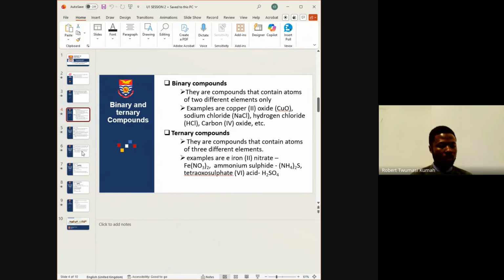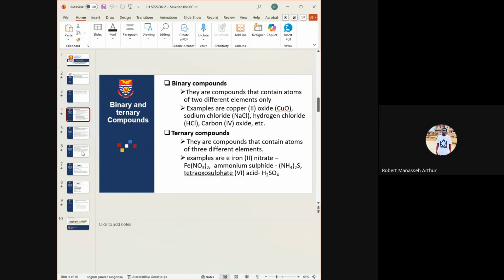So what is the concern? Sir, please, I'm talking about the example like the iron 2 nitrate. You see, we have only one iron over there, and the nitrates are 2.